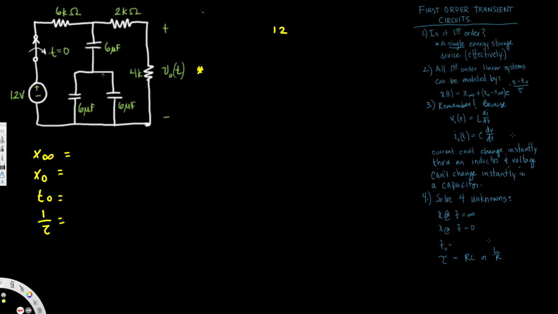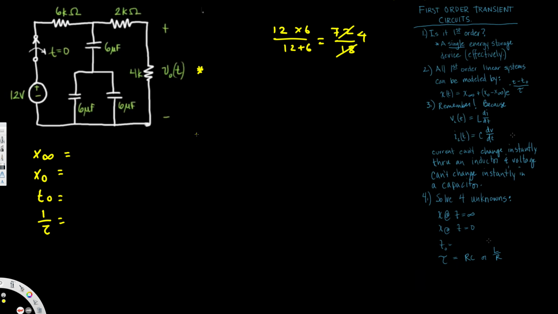To find the equivalent capacitance, we multiply 12 times 6, which is 72, divided by 12 plus 6, which is 18, and that gives us 4. So the equivalent capacitance is 4 microfarad.